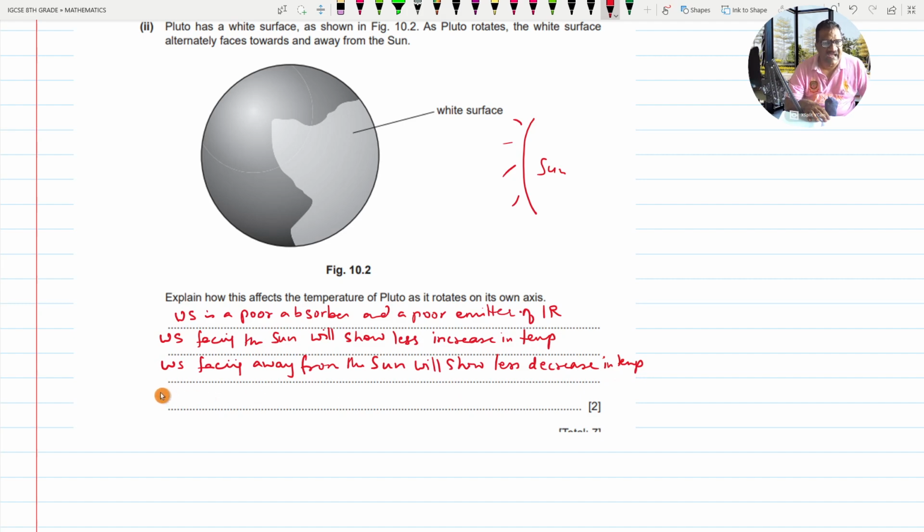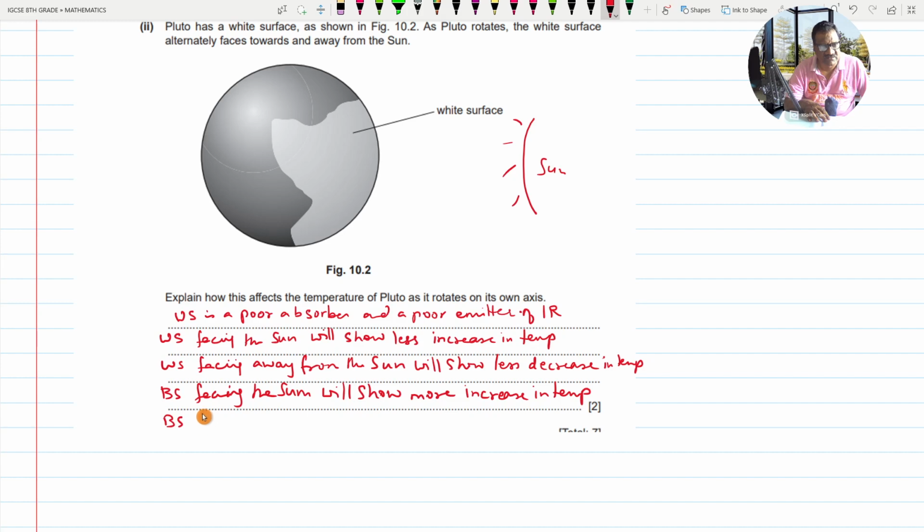Okay, and black surface on the contrary, when it is facing the sun, will show more increase in temperature because it is a good absorber, and whatever is a good absorber is also a good emitter.